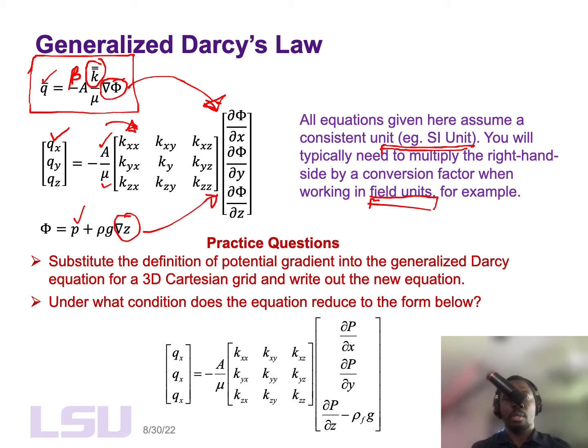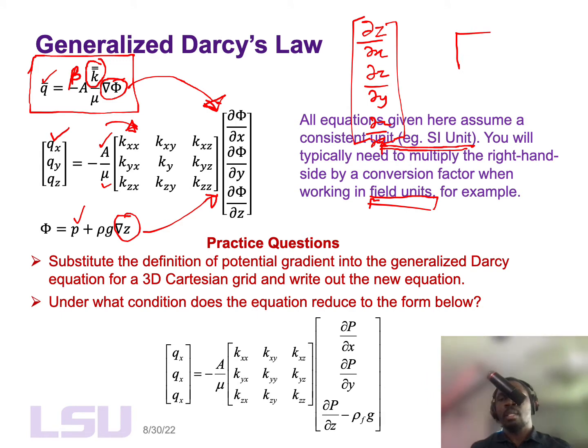The first component is going to be the derivative of z with respect to x. For the second component, the derivative of z with respect to y. And the third component is the derivative of z with respect to z, which will be 1 if you're looking at a system, a reservoir, that is perfectly horizontal.